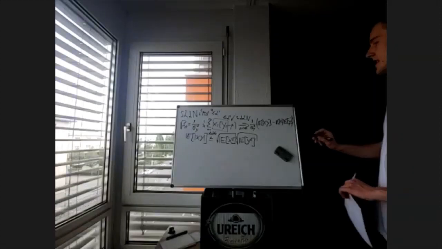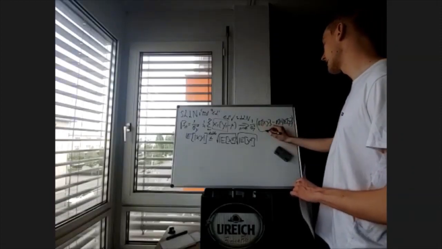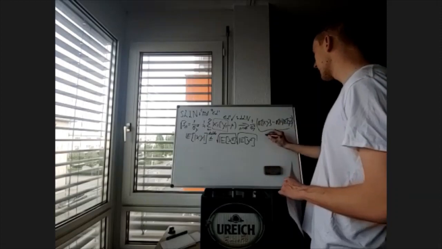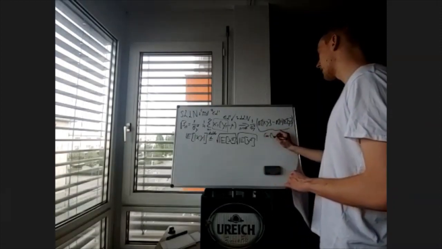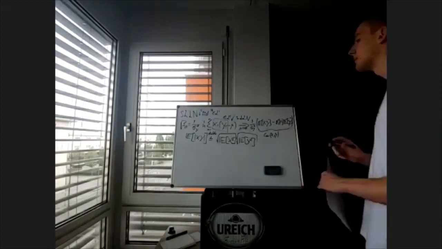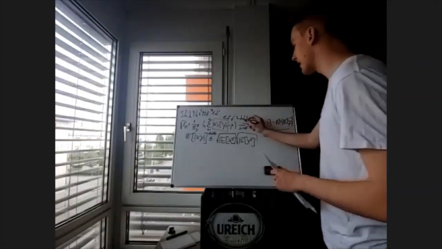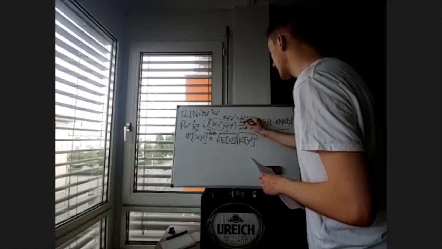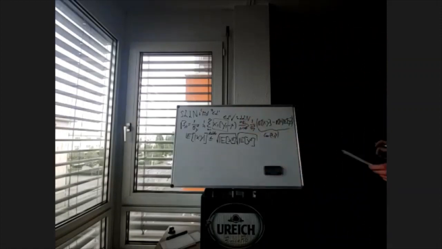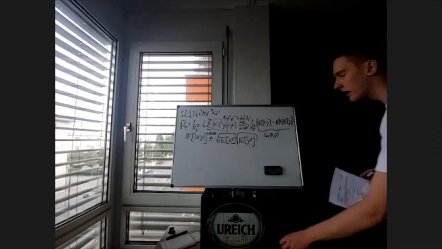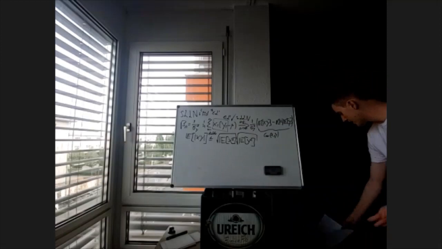Yeah, and you can see that this is the covariance of x and y. Yeah, and this is what we wanted to show. And yeah, this convergence is almost surely. Yeah, this is what was needed to show. Any questions?